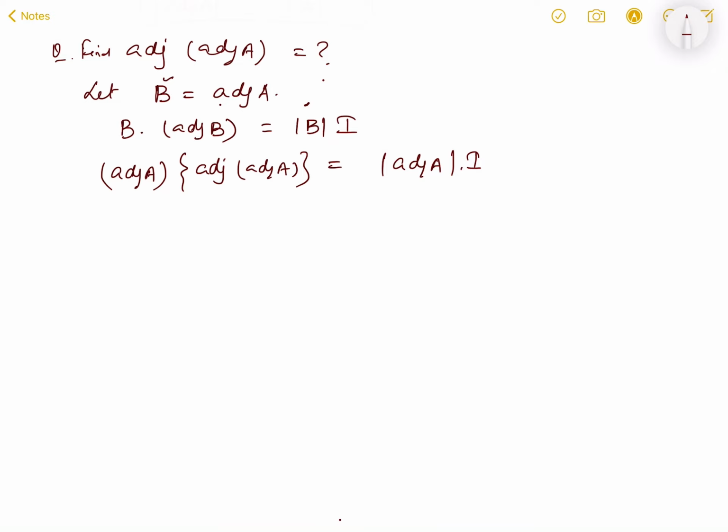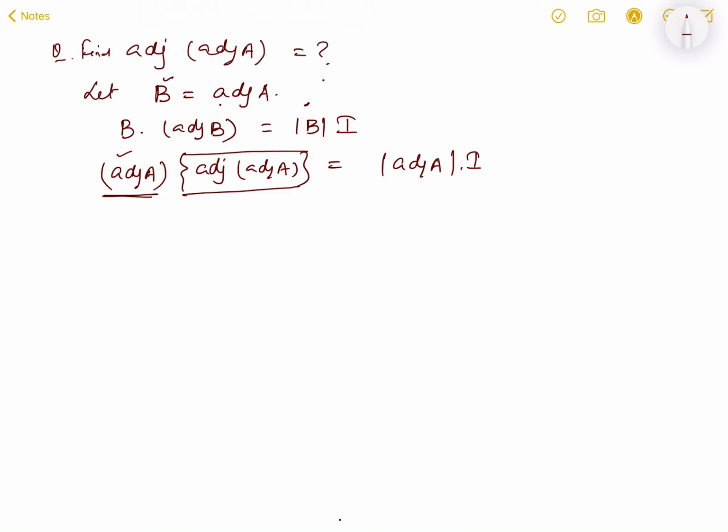Now the bracket quantity, adjoint adjoint A, is our target to find here. And how can it be done? If we can eliminate this matrix from here, this is the matrix, this is not the determinant.